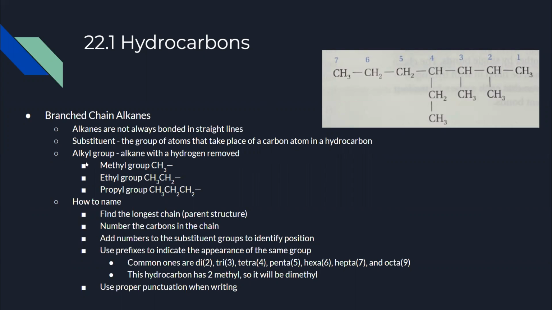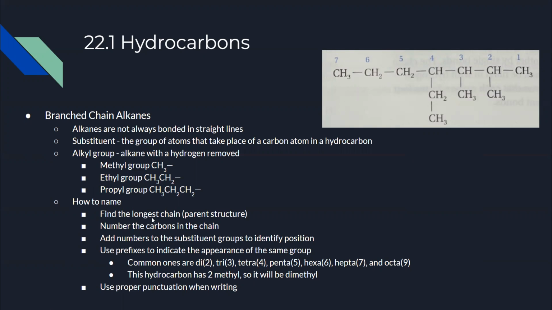This is called an alkyl group, or an alkane with the hydrogen removed. You have three alkyl groups: the methyl group with the CH3, then the line denoting a bond, the ethyl group with a CH3 and a CH2, then a bond, and the propyl group, a CH3, a CH2, and another CH2.